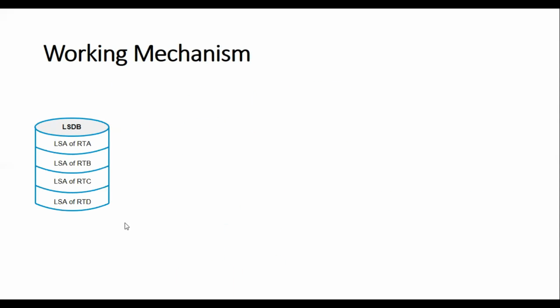So because every router has a link state database, it uses that link state database and runs an SPF algorithm, or what we call the shortest path first algorithm, and works out a shortest path tree. This is a shortest path tree, not to be confused with spanning tree. It's the shortest path tree whose root is the router itself. So let's assume this is router B that is doing an SPF algorithm.